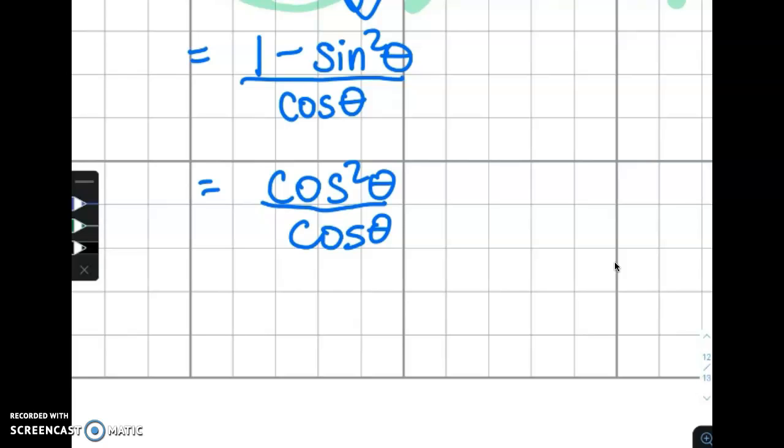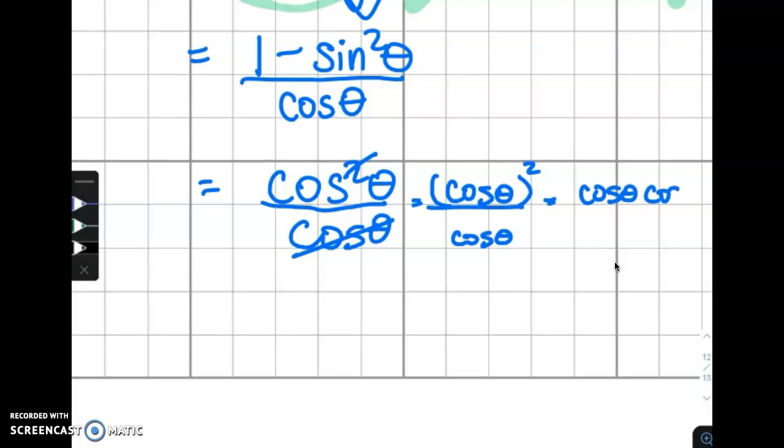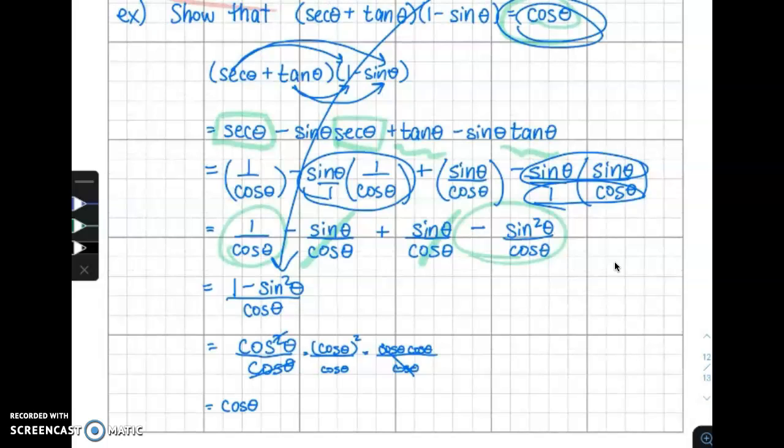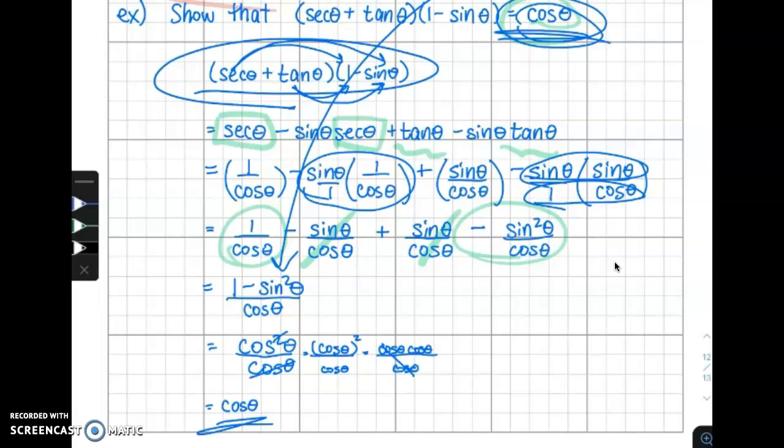Since we have cosine squared and cosine to the first on the bottom, one of them cancels. You don't have to write this part. I'm just saying why it canceled. Cosine squared is the same thing as cosine times cosine. So one of them canceled, and that's how you get cosine theta. So we did what it said. We showed that that equals cosine using our properties one step at a time.